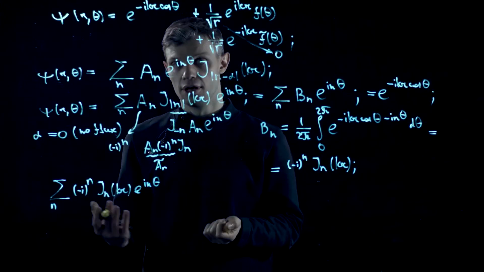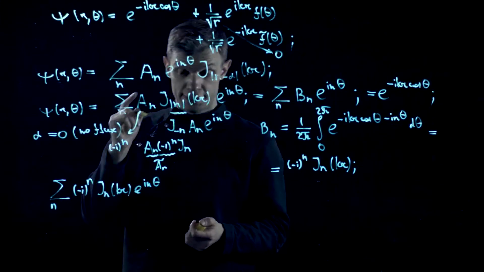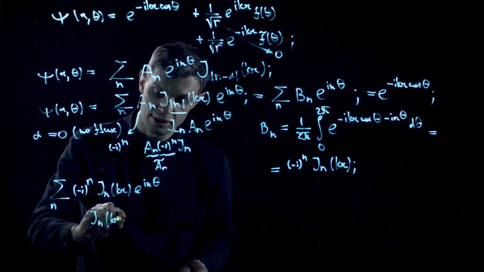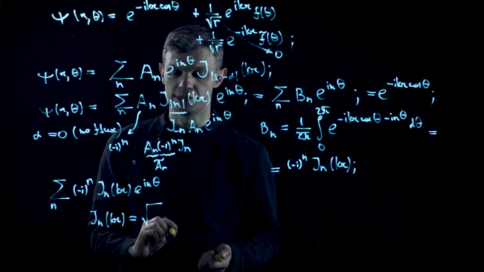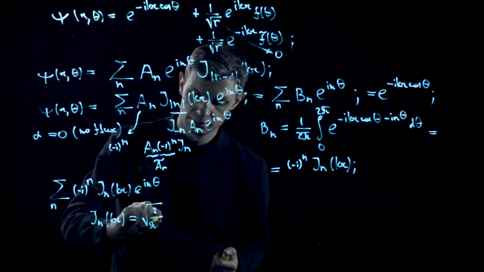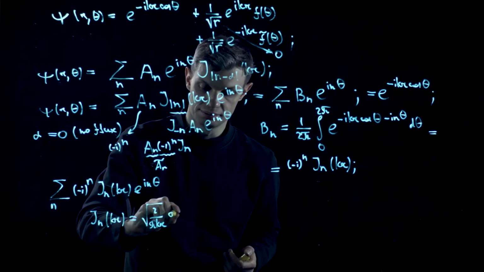Because for large values of r, we can substitute our Bessel function with its asymptotics. As you remember, the asymptotics of the Bessel function is a very simple one. It's the characteristic square root dependence times the cosine factor.